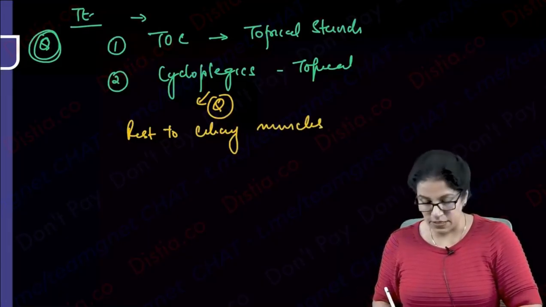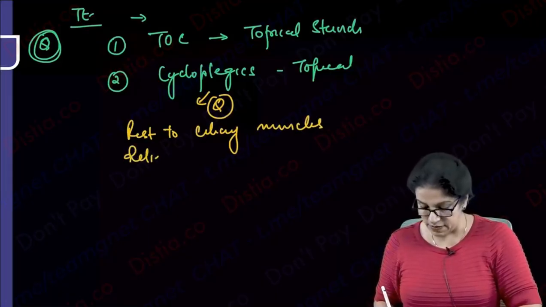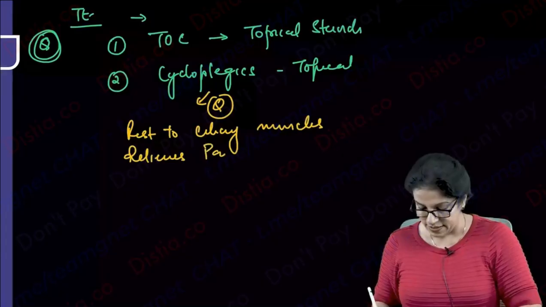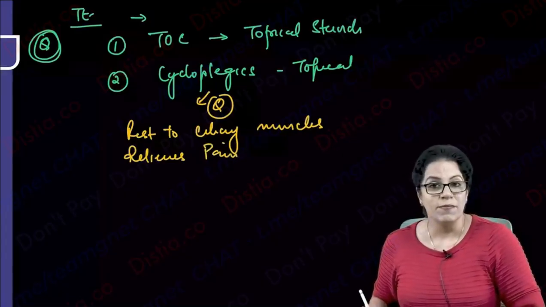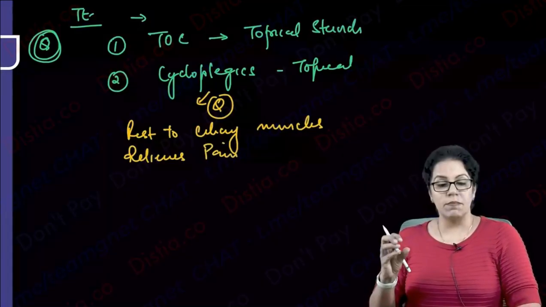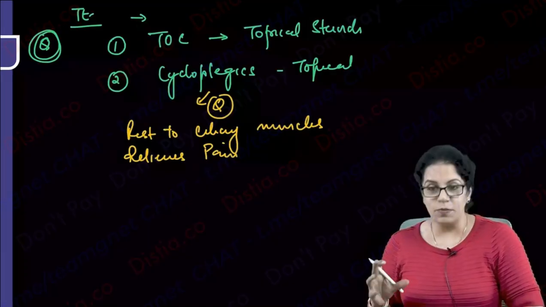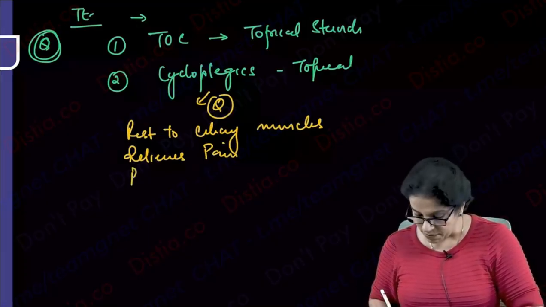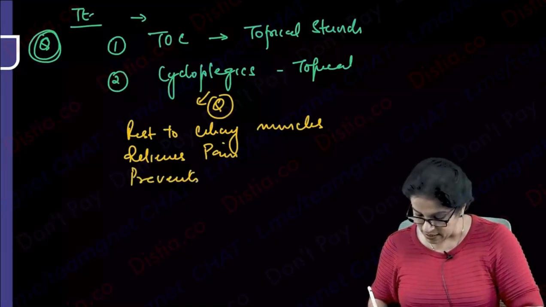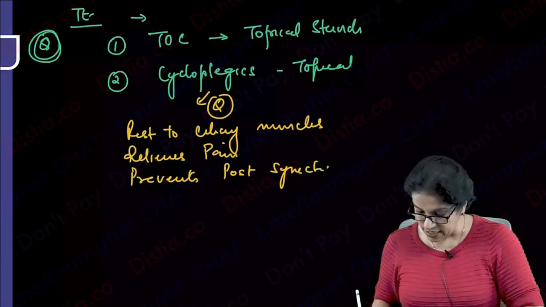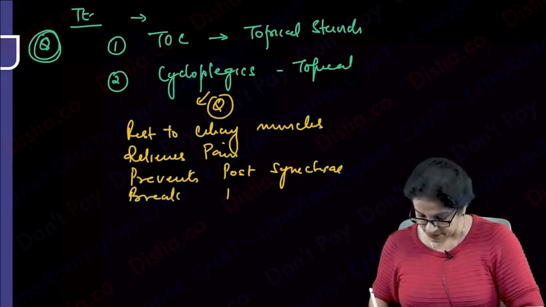When this happens, it relieves pain. Then, because it's a mydriatic, it is keeping the iris and pupil mobile. Therefore, it either prevents posterior synechiae, or in some cases, if it's a fresh synechia, it can break the posterior synechia.